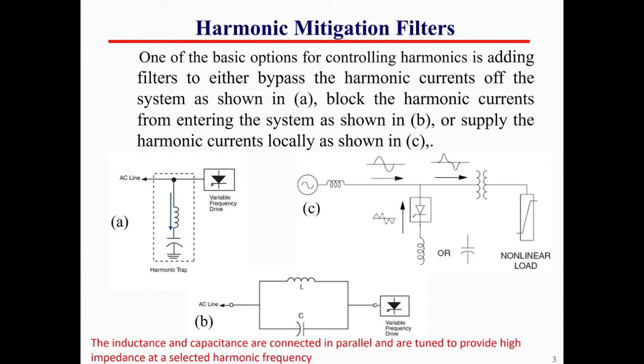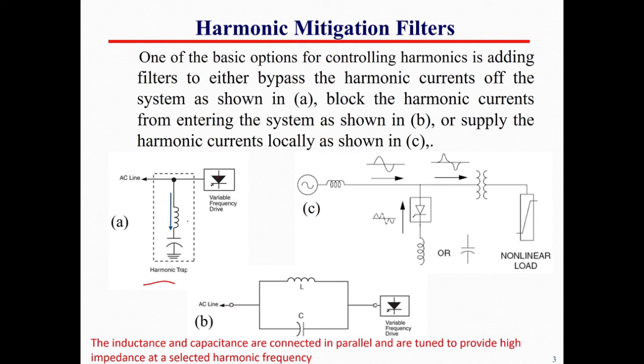One of the basic options for controlling harmonic is adding a filter to either bypass the harmonic current of the system, as it is shown in A. So over here, this is the source of the harmonic.